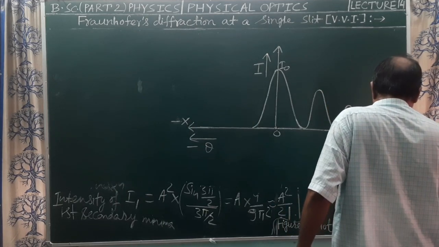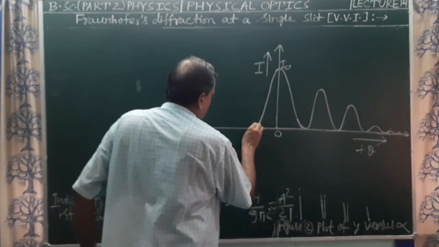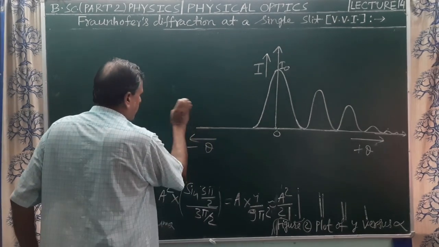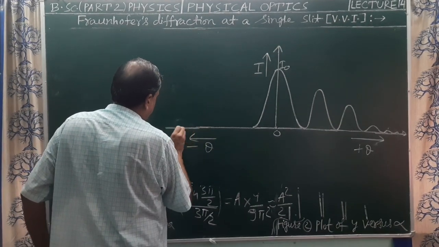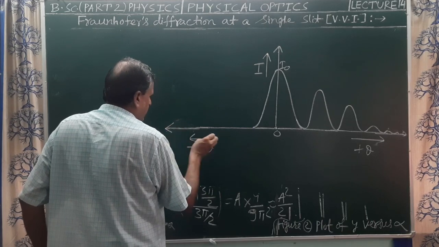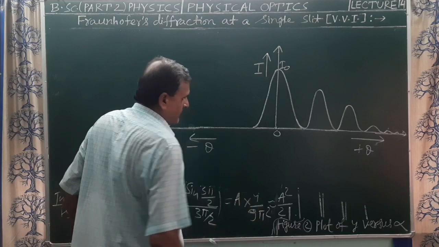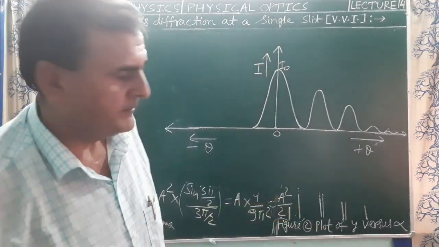We can see it in this plot, and the positions of maxima and minima will also be obtained along the negative x-axis, which represents the direction of maxima and minima below the center of the screen.